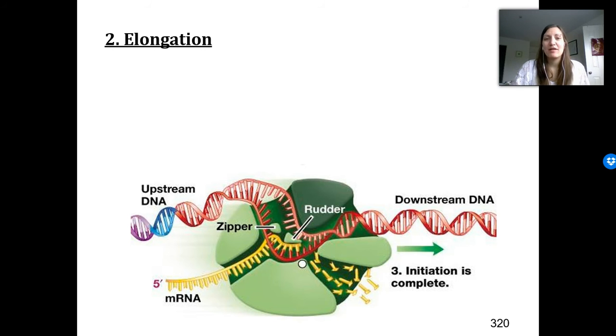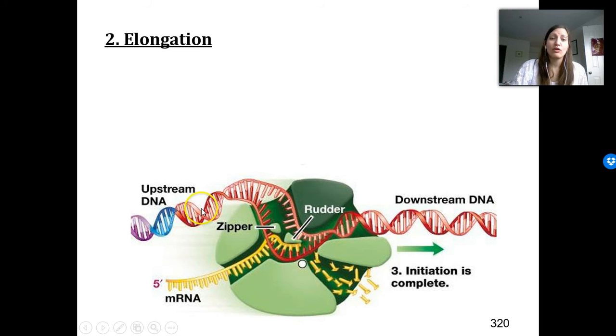So the second step, we've now started it. Now we want to elongate it. We want to make our entire mRNA molecule. And again, we're talking about transcription, and we're talking about trying to get from DNA to proteins. So here's a zoomed in image of what's happening in RNA polymerase. Here you see this mRNA, and you see it's already starting to get much longer than it was.